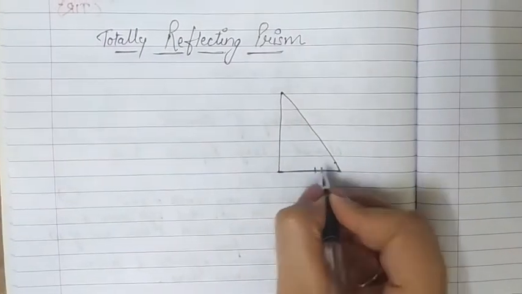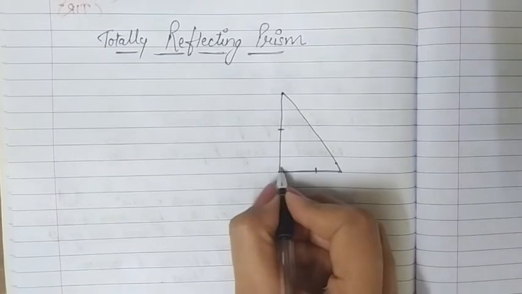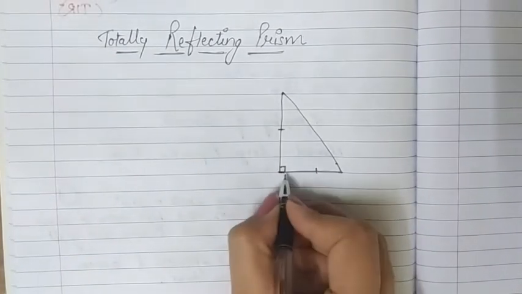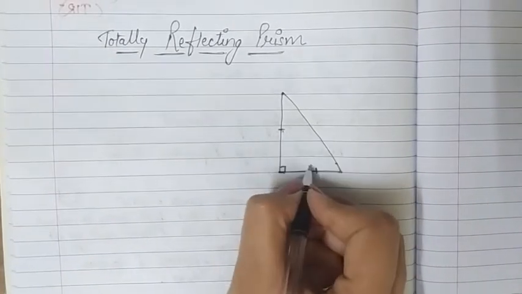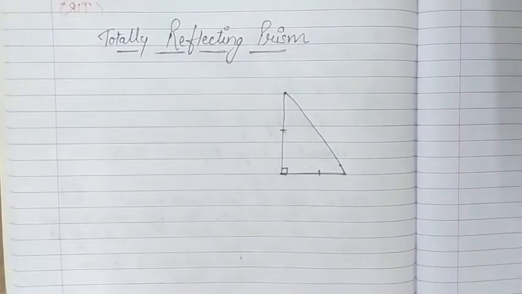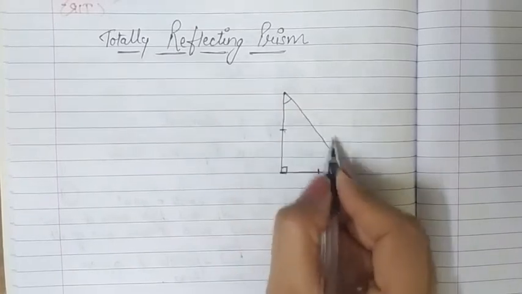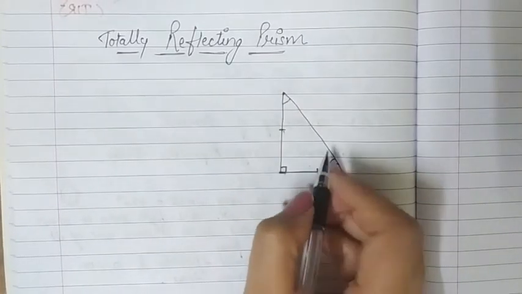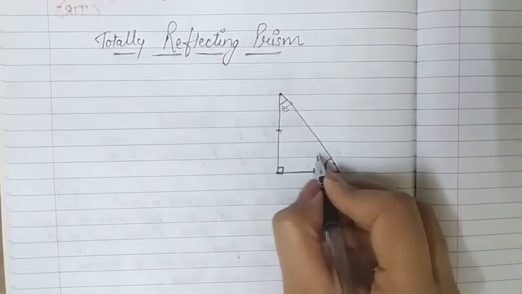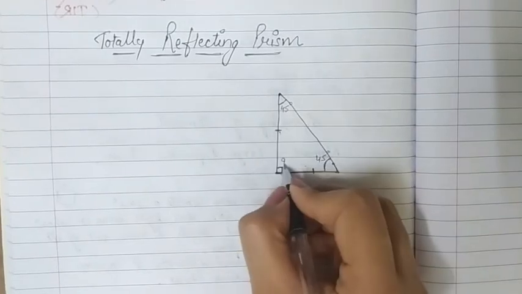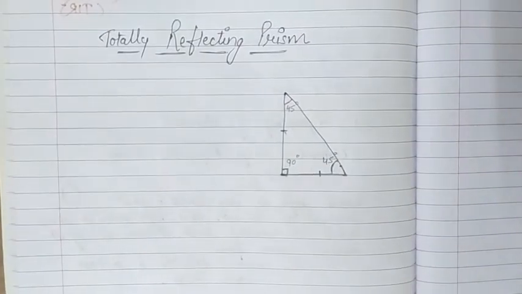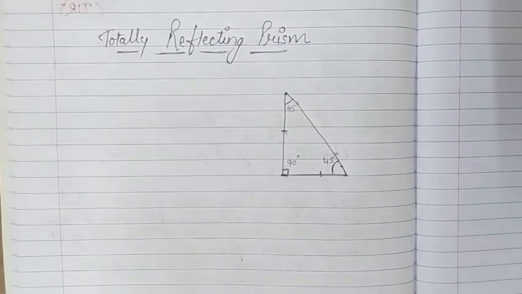These sides should be equal and this angle should be 90 degrees. Means it is a right angled isosceles prism, then we call it a totally reflecting prism. Since these two sides are equal, these two opposite angles are also equal, and these are equal to 45 degrees each. So this is the description of a totally reflecting prism.